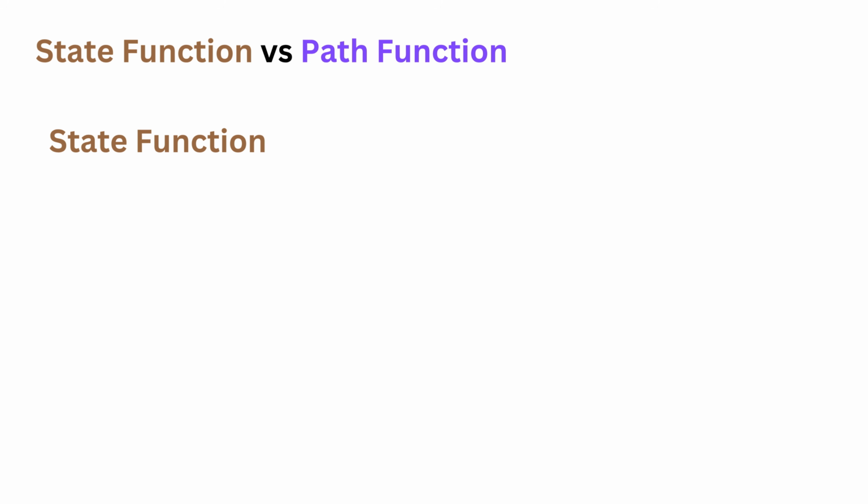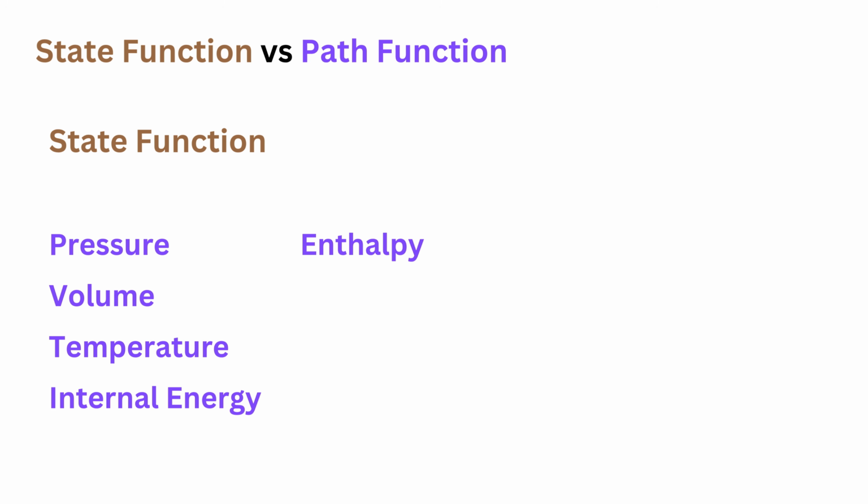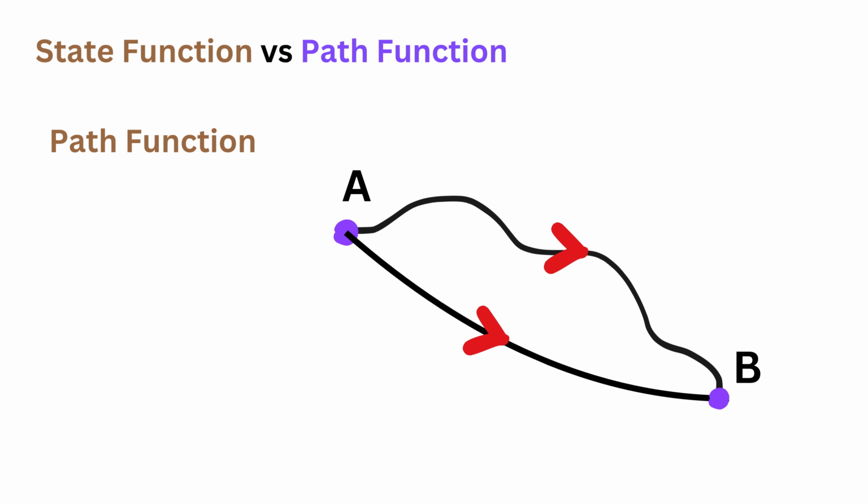Similarly, in thermodynamics, quantities like pressure, volume, temperature, internal energy, enthalpy, and entropy are all state functions because they depend only on the state of the system. A path function, on the other hand, depends on the specific path or process by which the system changes from one state to another.